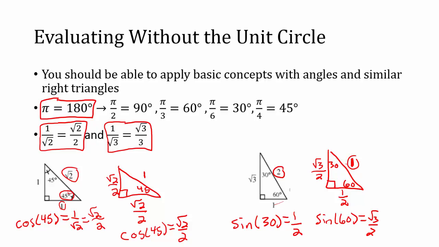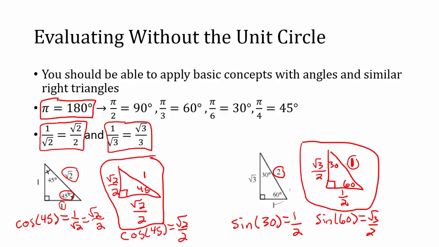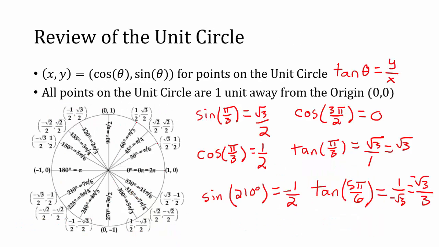Now why am I spending so much time going through the 30, 60, 90 triangles? It's because when you're thinking of the unit circle, all the triangles on the unit circle have a hypotenuse of 1. So these are the triangles that appear naturally on the unit circle, which are not necessarily the exact numbers that we're using all of the time when we think of a 30, 60, 90 or 45, 45, 90.